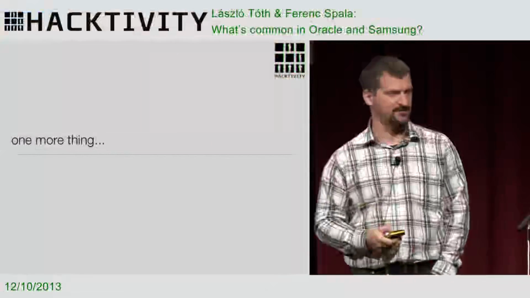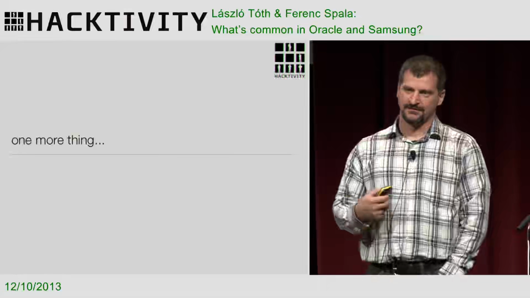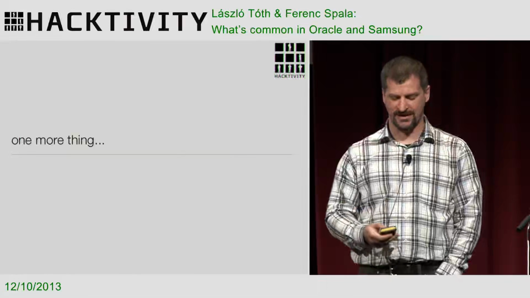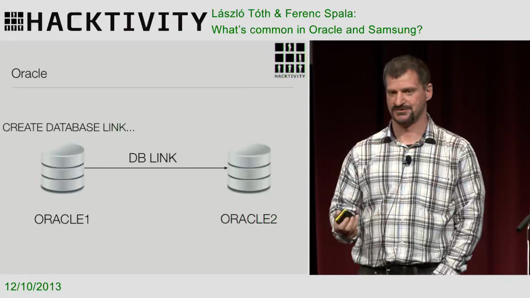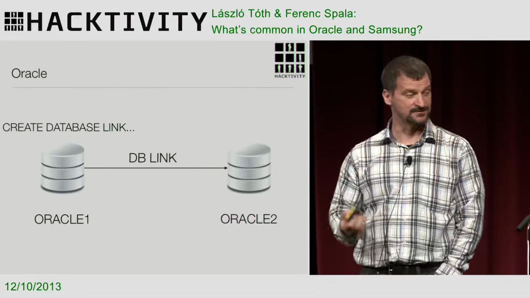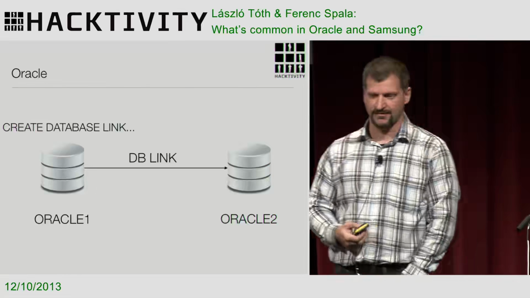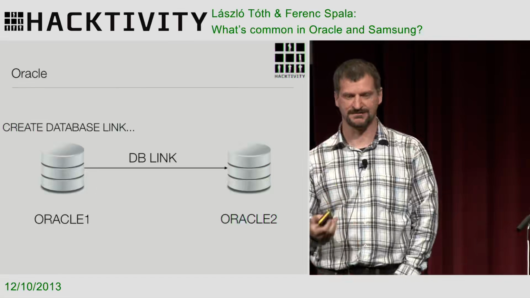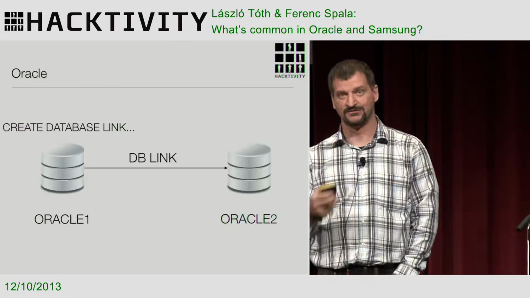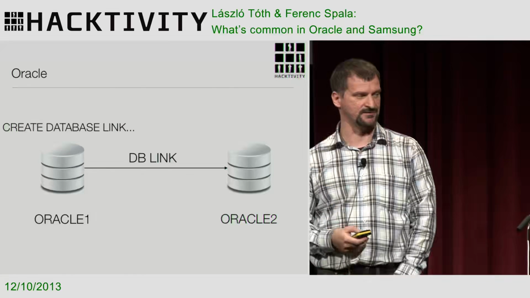Last year in our database presentation, we had some mobile stuff. Now, in our mobile presentation, we have some database stuff. I know it's a bit far-fetched, but it's fun and it's cool, so you will like it. We are going to show how Oracle stores the passwords of database links in an encrypted form.